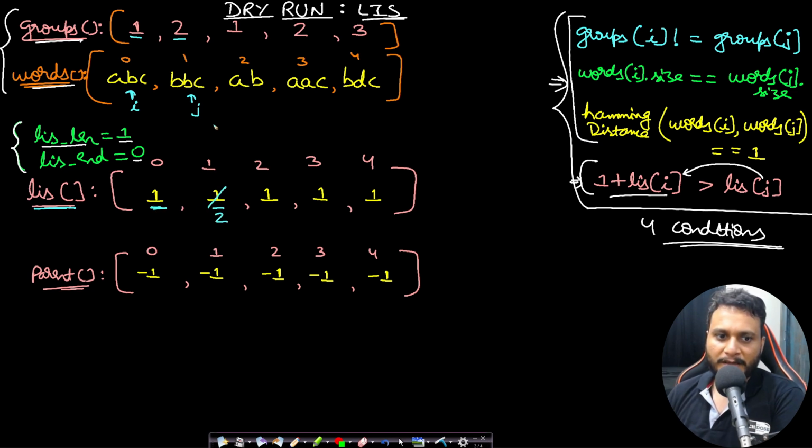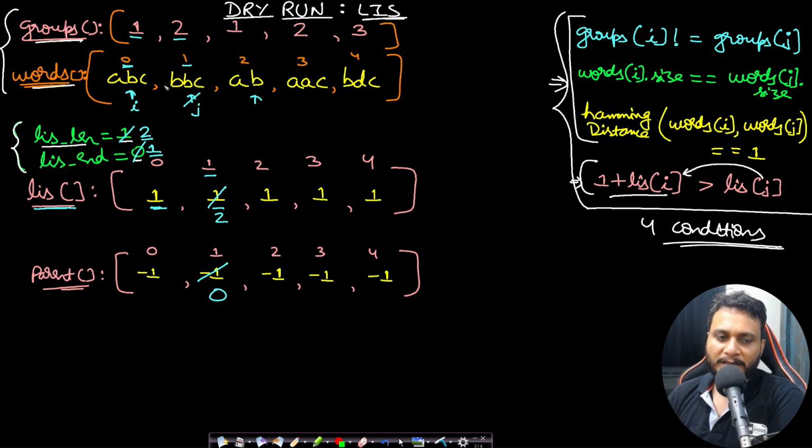Since this first index item got appended after the 0th index item, the 0th index item is the second last. So I'll be updating the parent of 1 becomes 0. Now the length of lis is 2. So length of lis increases to 2, and the lis end index is 1 because lis of length 2 is ending at index 1. Now I will check for AB.